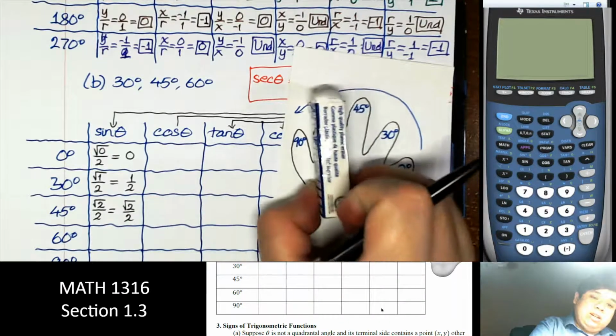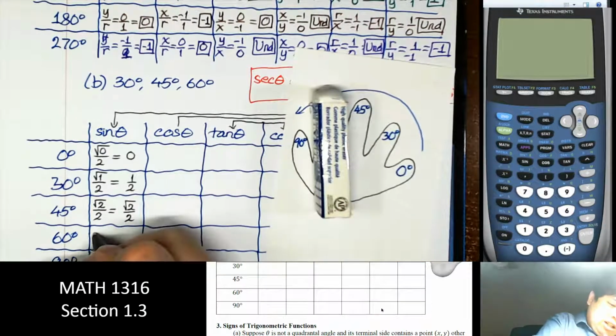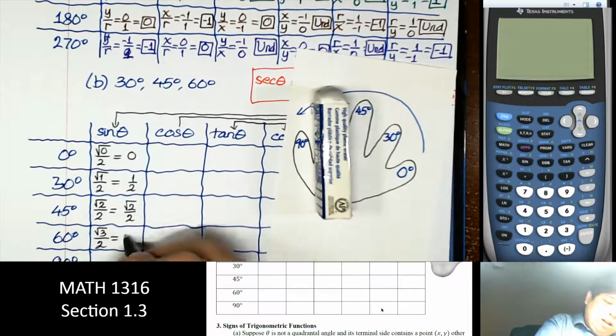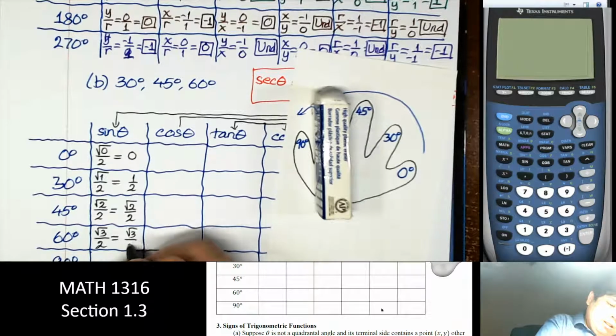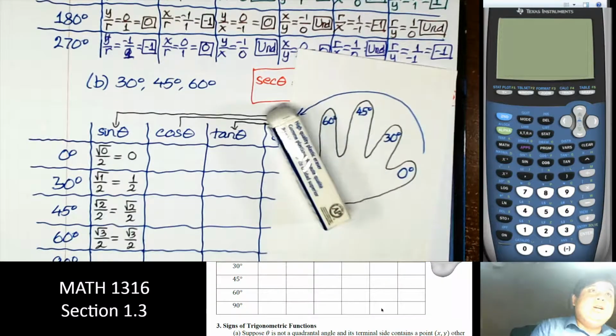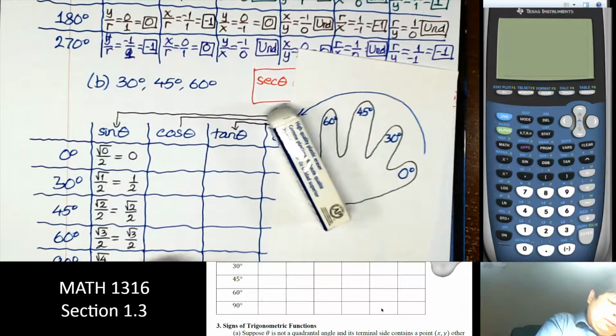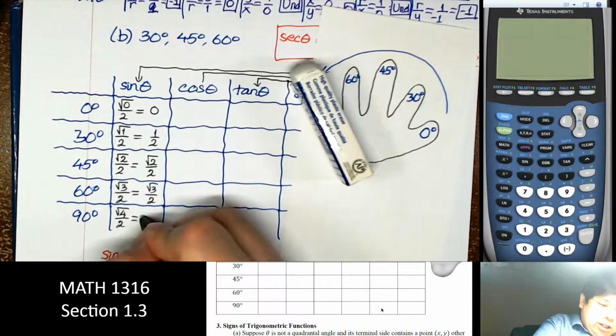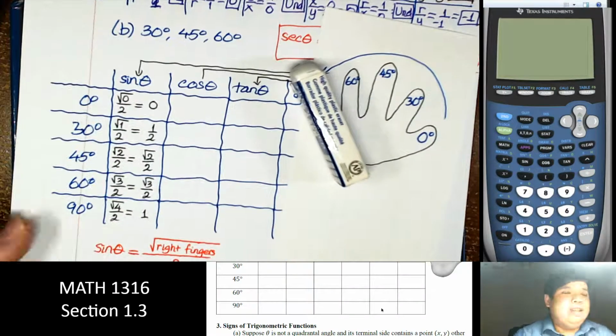And then 60 degrees, 3 fingers on the right, 1 finger on the left. And 90 degrees, 4 fingers on the right. Square root of 4 is 2, 2 over 2, so just 1. Right, so those are the values.